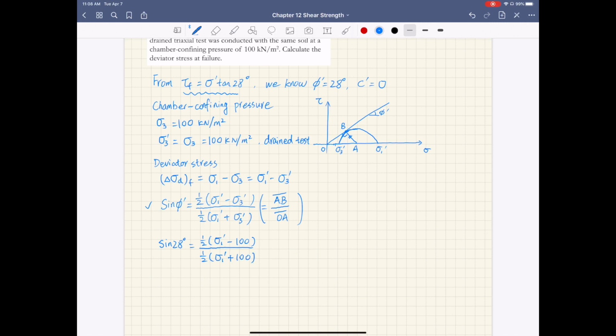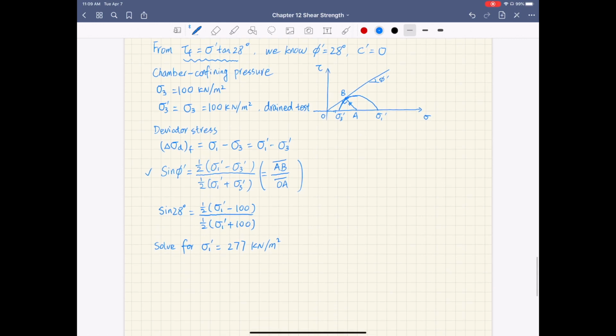So you only have one unknown in this expression, so you solve for your major principal stress sigma 1 prime, and if you just move terms around, you'll get sigma 1 prime of 277 kilonewton per meter square.